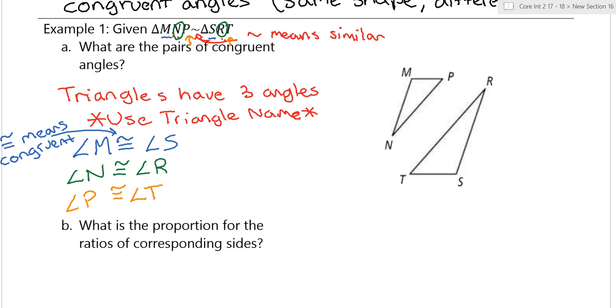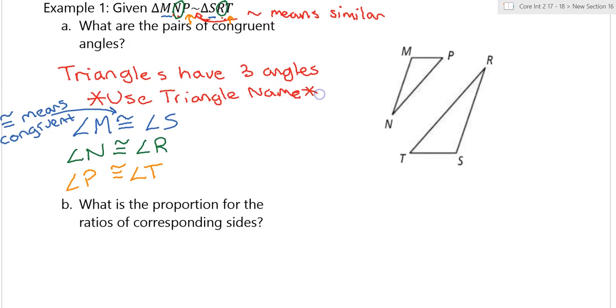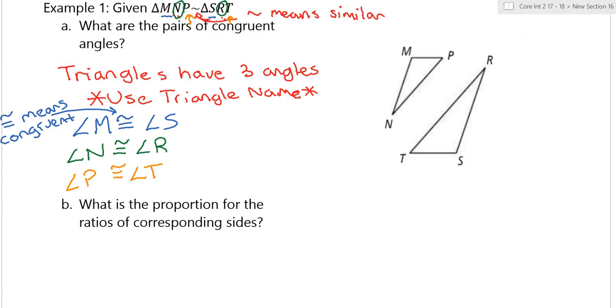Now I'm going to look at the second part. What is the proportion for the ratios of the corresponding sides. Before we do that, sorry, the last thing I want to do is look at one other thing. A lot of times we'll put in our picture how these are congruent.